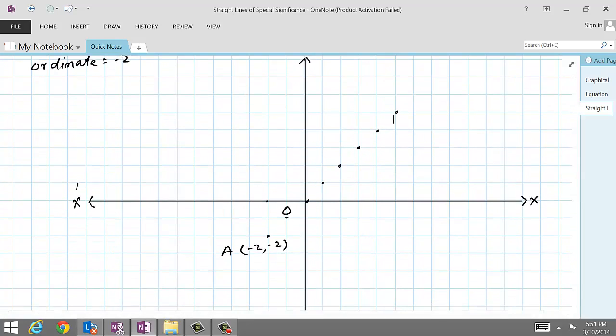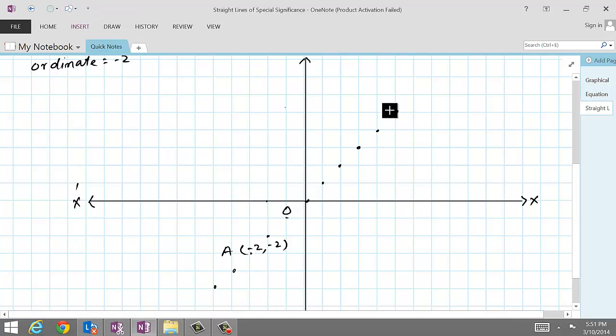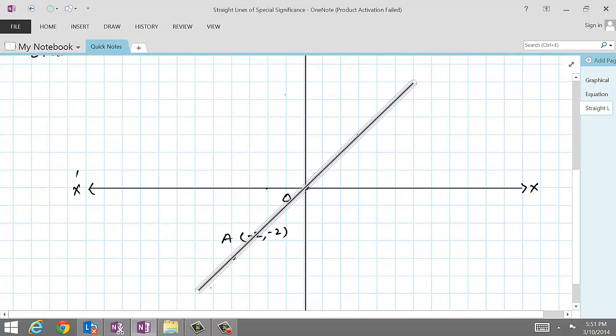All these values, if we can visualize a straight line through them, that's what we can do here: we can draw a line joining these points. That's what we get here, a straight line passing through all these points, and let's call this line y equal to x.